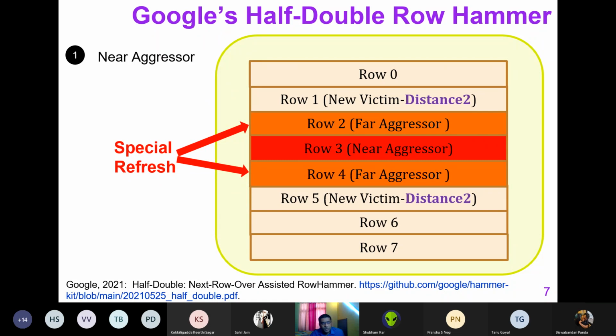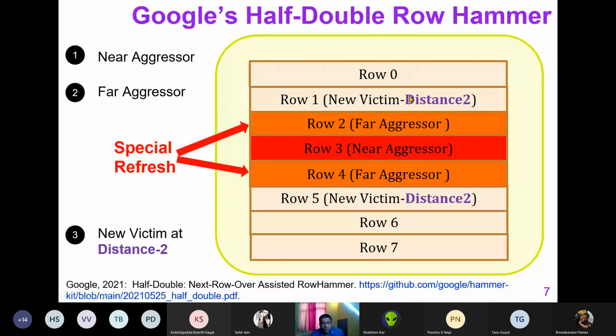So if we use this special refresh, that is the TRR kind of command, several hundred times, then row 3, row 2 and row 4 in combination create disturbance to the neighboring rows, here row 1 and row 5. They call row 1 and row 5 distance 2, because the distance from row 3 is 2. This is a new error they found on LPDDR4, in one of their experiments.